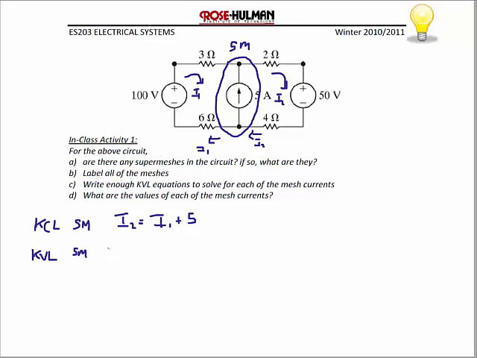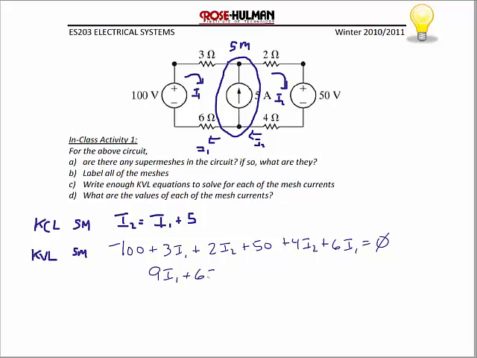So that equation yields negative 100 plus 3I1 plus 2I2 plus 50 plus 4I2 plus 6I1, and that equals 0. So if we collect like terms, we're going to have 9I1 plus 6I2, and that equals 50.